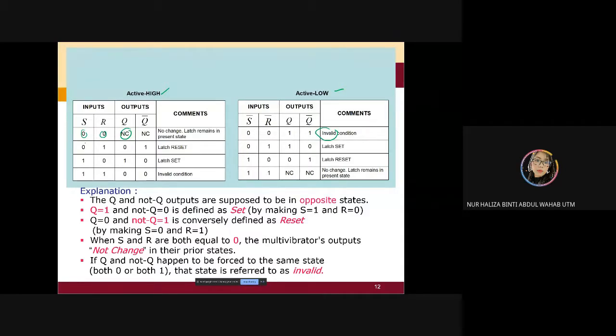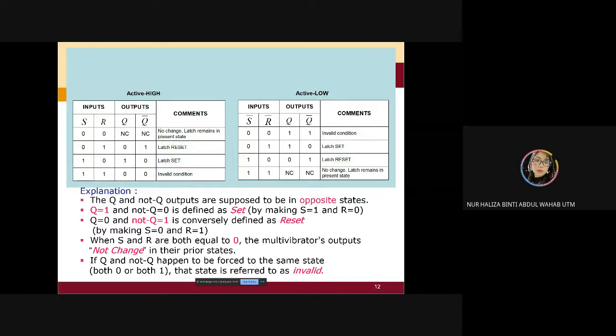For 0, 1, active high is going to be reset, or 0, but for active low, it's going to be set, which is 1. For active high 1, 0, you will get a set, which is 1, while for low, it's going to be reset. And lastly, 1, 1 is invalid for active high, and no change for low.